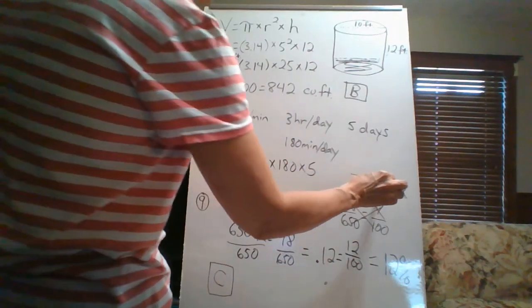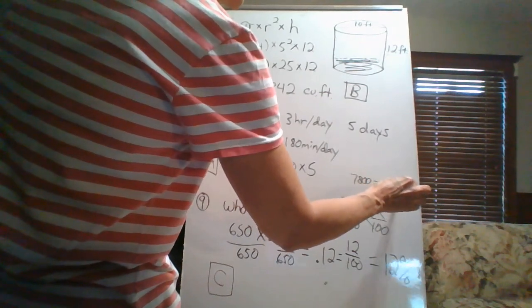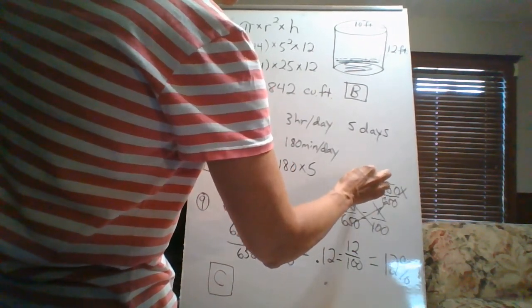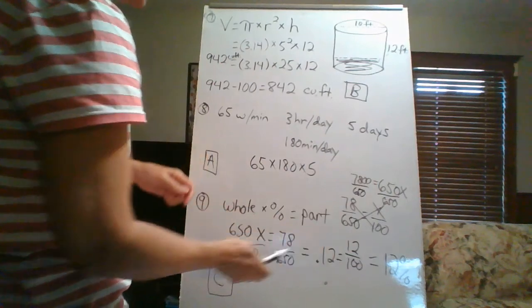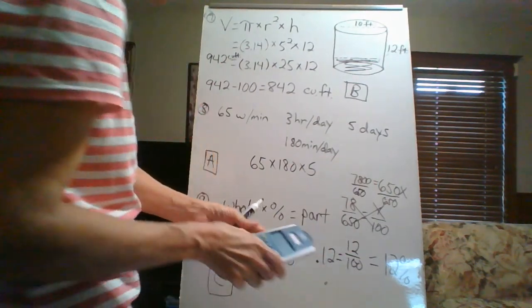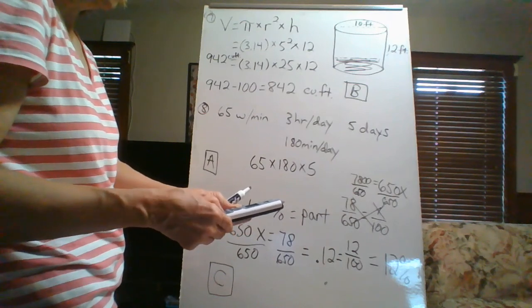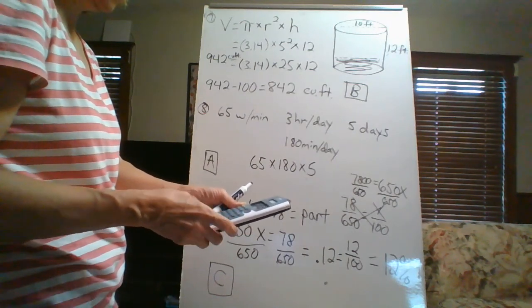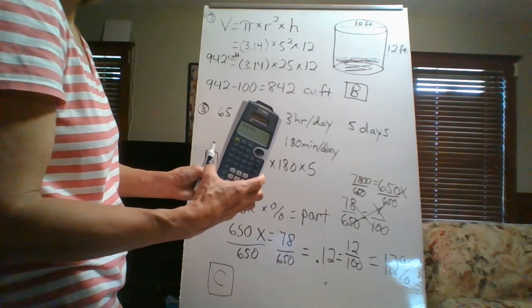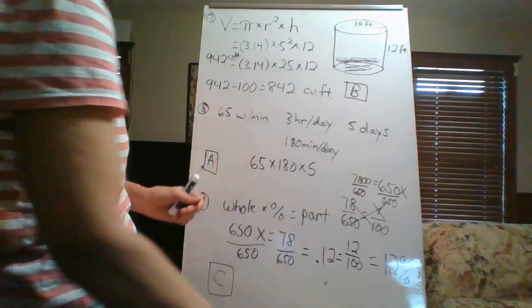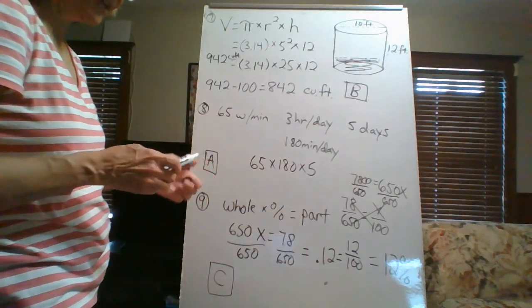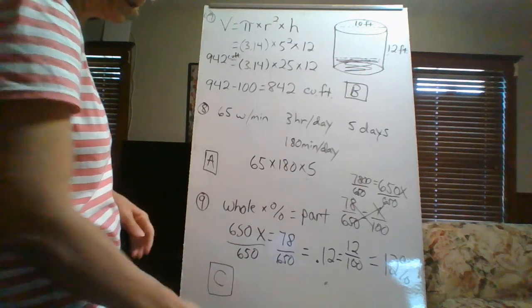Done. 3, undo. And look, that's the same thing as we had down here, we're just not going to have the decimal. So I'm going to do 7,800 divided by 650. X, or the percent, equals 12. So either way will give you the same answer, which is 12%.